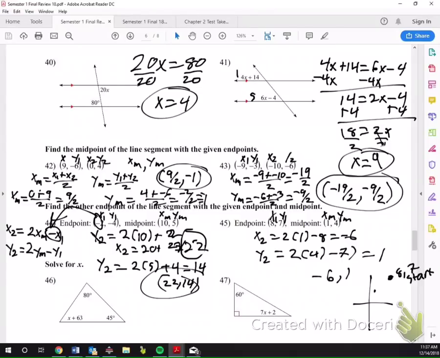And my midpoint is 1, 4. That's halfway. What I'm wanting to find out is, where is the other endpoint? And here we'd say it's negative 6, 1. That's where the end is. Okay?